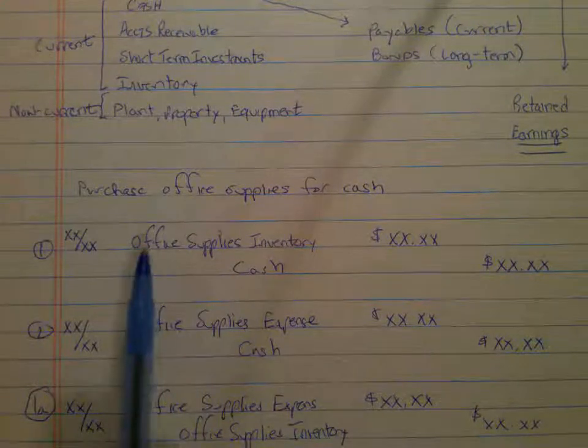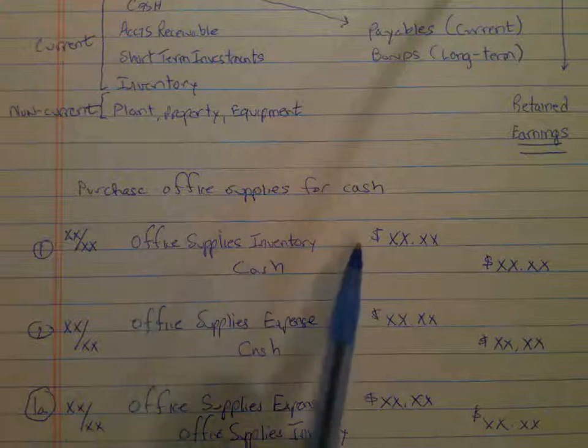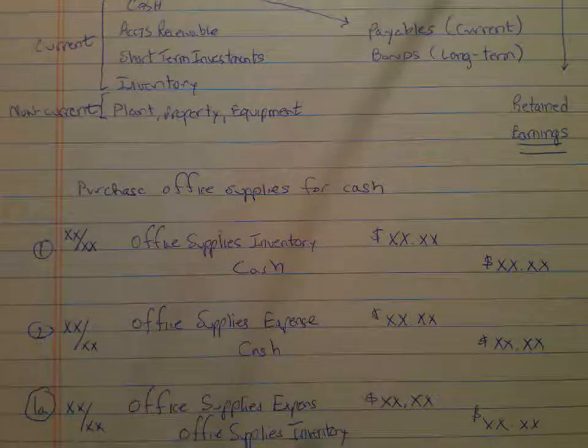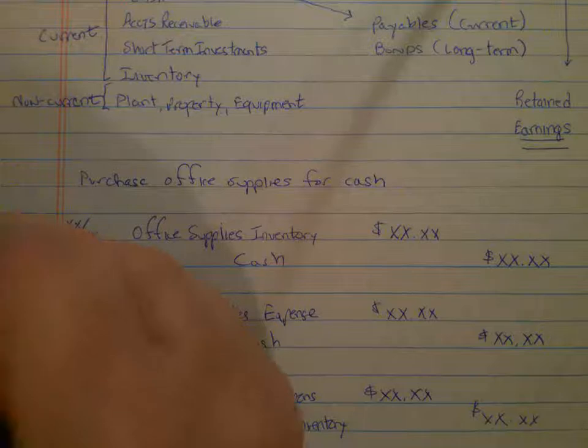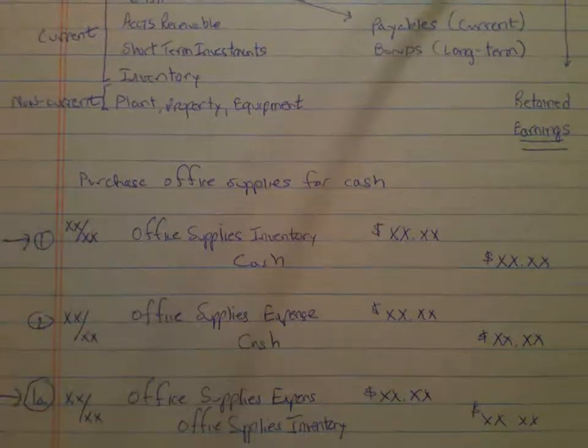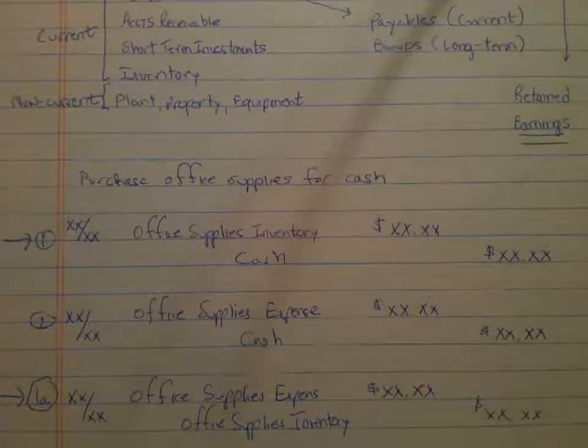And so the difference between the debit to office supplies inventory and the credit to office supplies inventory represents what we have left in office supplies inventory. That's why this method here is the preferred method, okay?